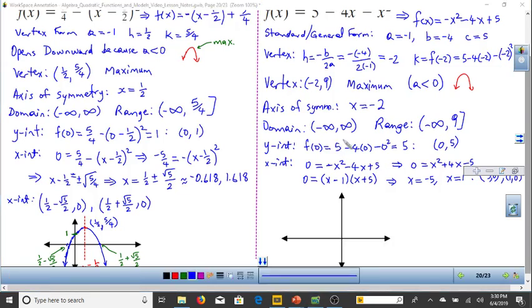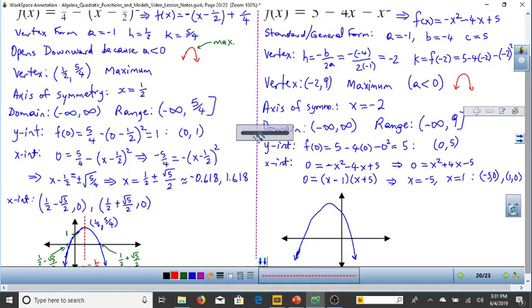Vertex is at negative 2, 9. Y-intercept is at 5. So we're looking at a graph that looks something like this. The axis of symmetry is the line x equal to negative 2.